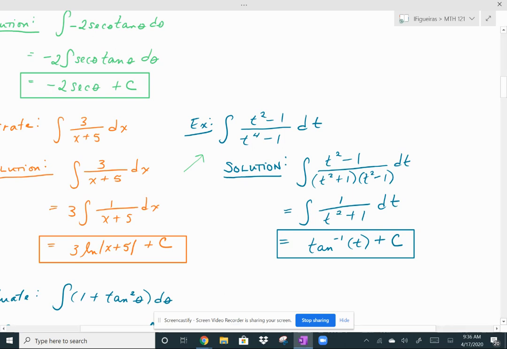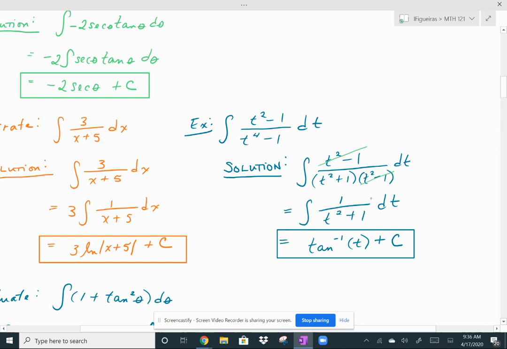The denominator is the difference of perfect squares. So when you factor, you get what you see here, t squared minus 1 in the numerator, and t squared plus 1, t squared minus 1 in the denominator. Well, the t squared minus 1's cancel, so I'm left with 1 over t squared plus 1 dt, and that should look familiar.